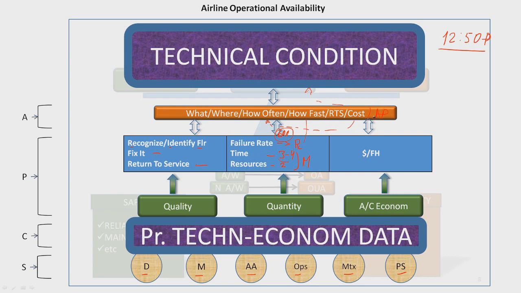It's completely different. They are not equal. Okay? And again, we can put here more items based on your business model. So that's how this 1250 point was accumulated. Okay? That's how this 1250 point was developed.